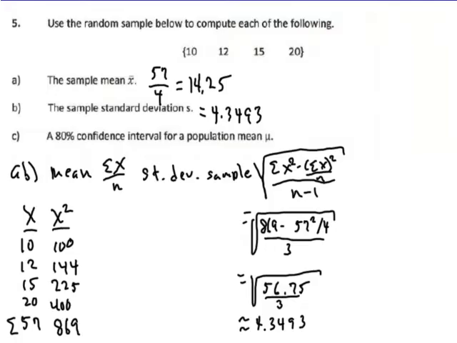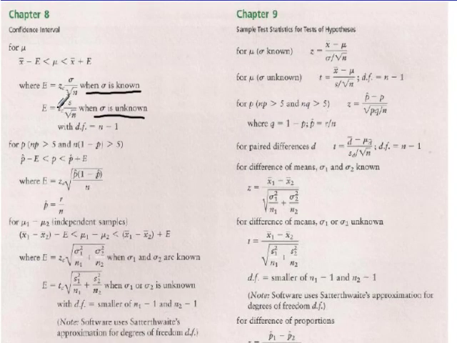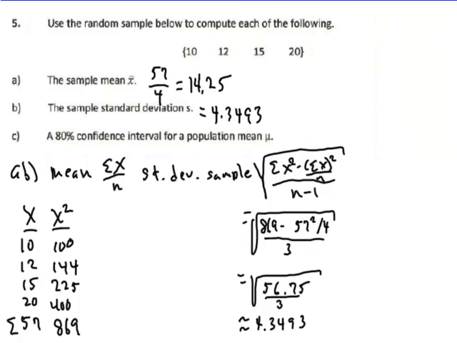Well, in our problem, you remember, we had to actually calculate S. So we don't know the population standard deviation. We have the sample. So therefore, we're going to use the value of E with a T value on it. So we're going to use the t-table. It's TC times S over root n, n minus 1 degrees of freedom. Let's write this down.